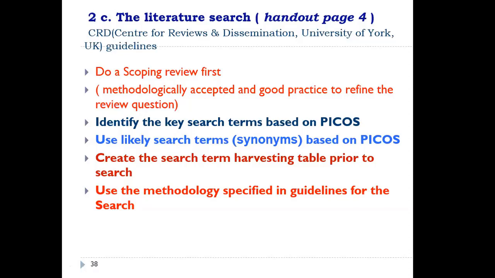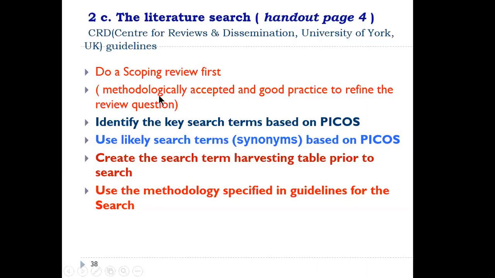They have to discuss and see whether those have to be taken or not. After doing a scoping review, you will have an idea, and from the articles you found you can get some keywords and search terms.